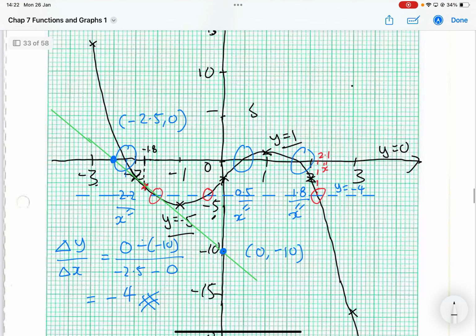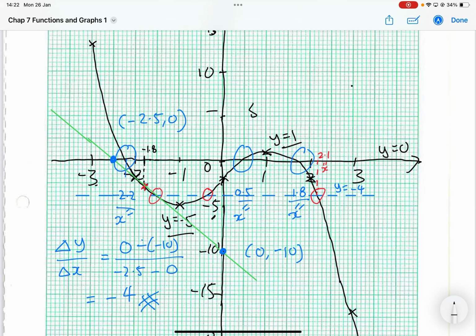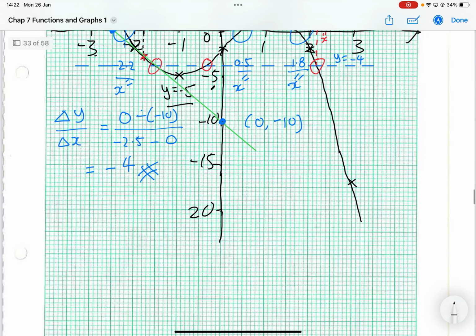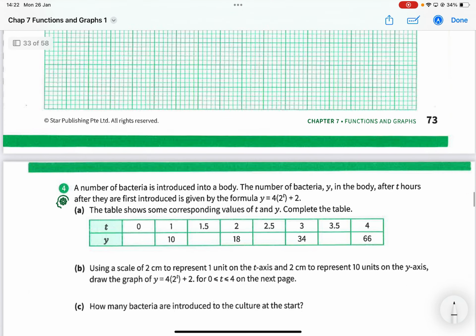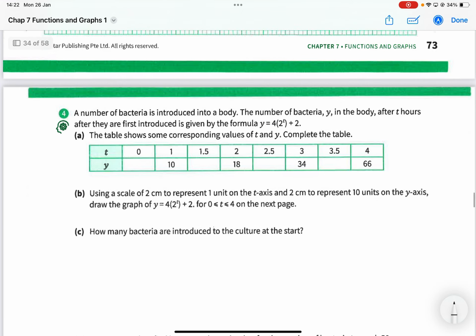Can try to draw your own tangent, then try to work out your gradient. Then the answering of graph, like that already.